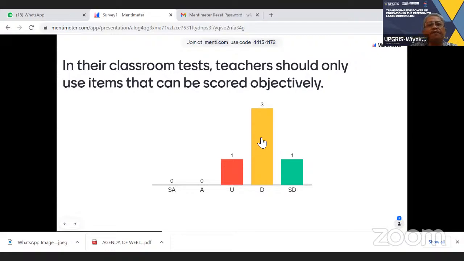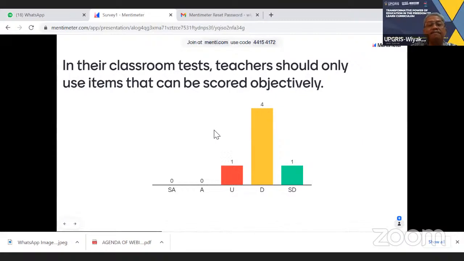Three of you said that you disagree with the statement. Yeah, of course, this is not a wise decision to give only objective tests to the students without considering that there are some other types of tests which are applied to the same topic or to the same materials.